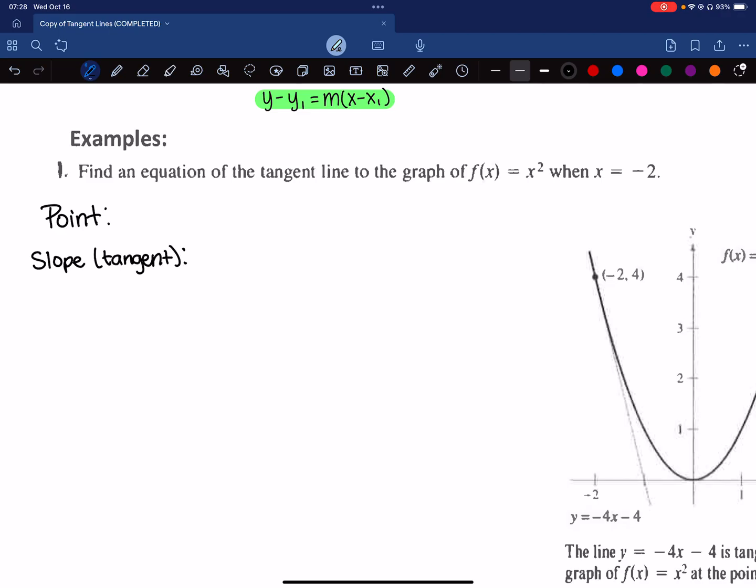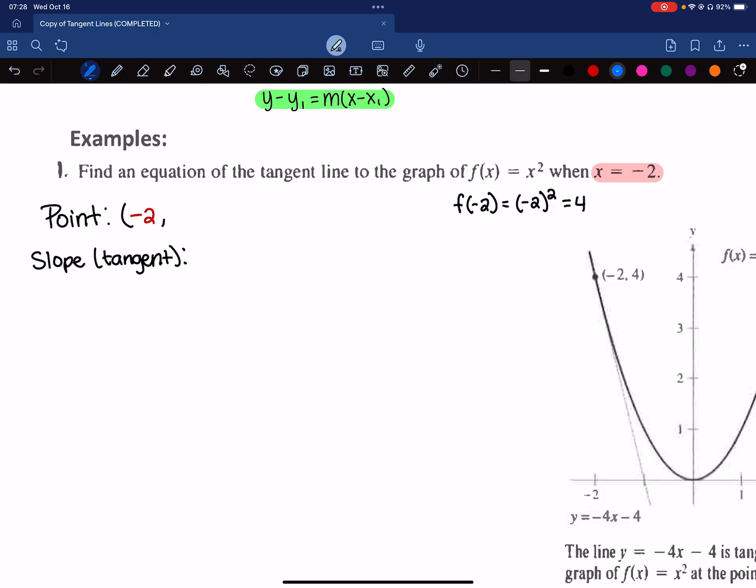Okay. Now we were given an x value. The x value that we were given was -2. So we know half of the point. So now we can find the other half of the point by evaluating f of -2. So f of -2 is 4.